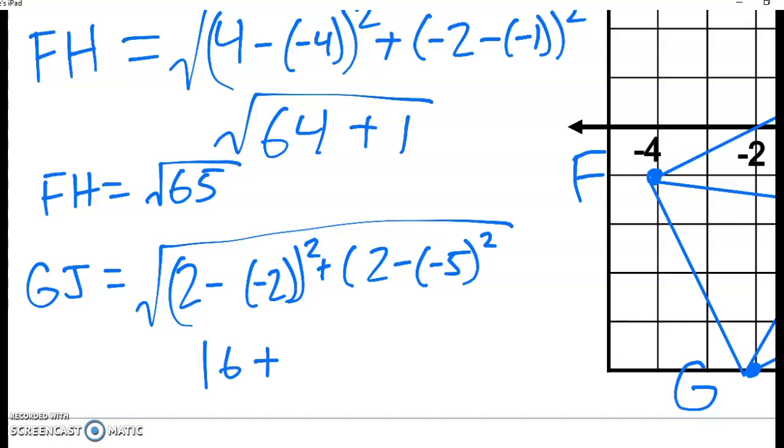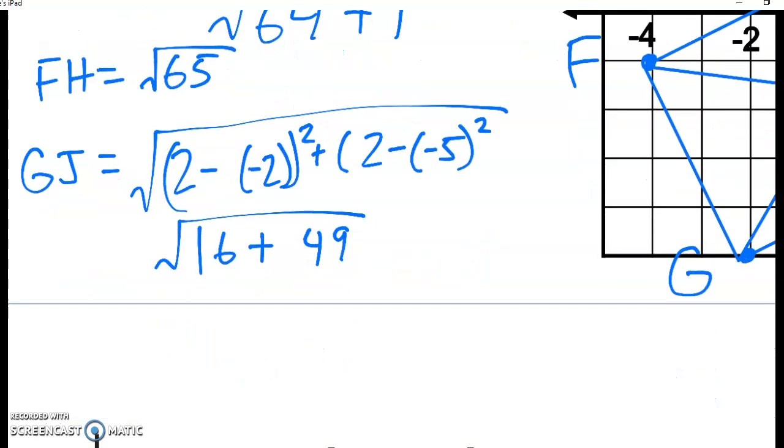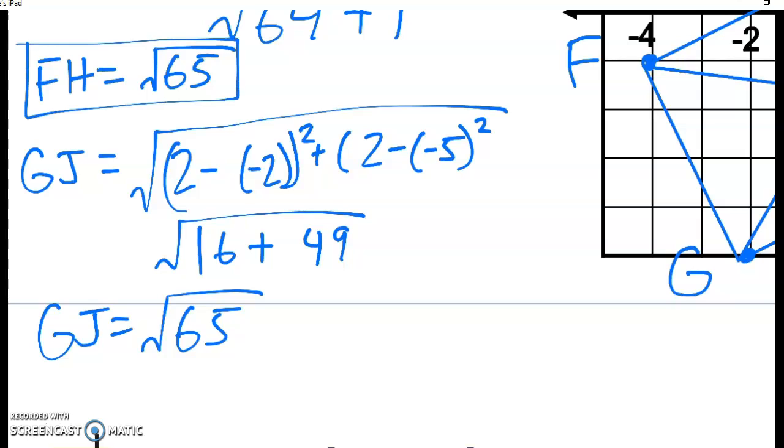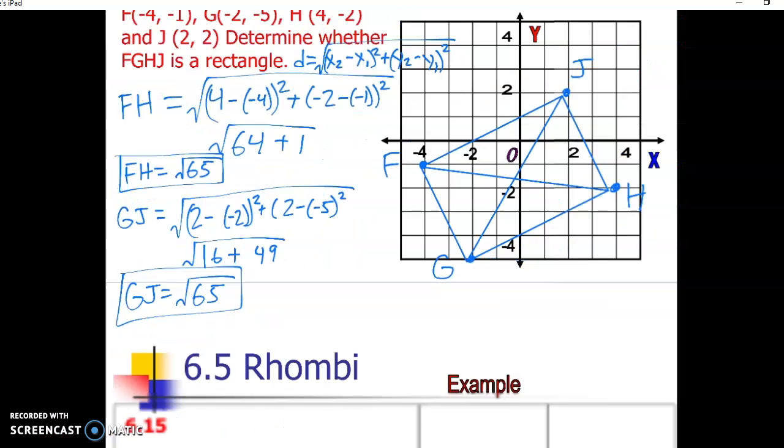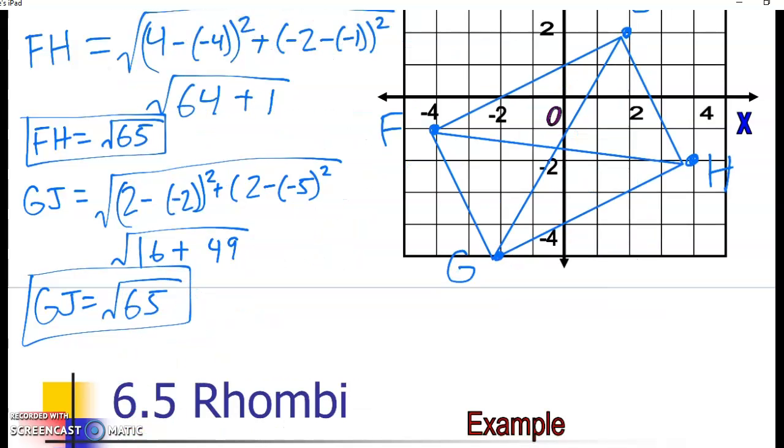And then 2 minus negative 5 gives you 2 plus 5, which is 7. 7 squared is 49. 16 plus 49 will give us 65. So GJ and FH are both square root of 65. That proves that those diagonals are congruent to each other.